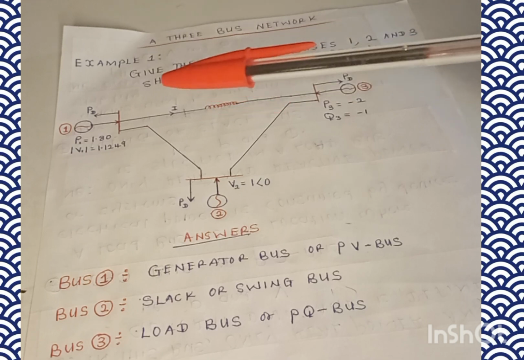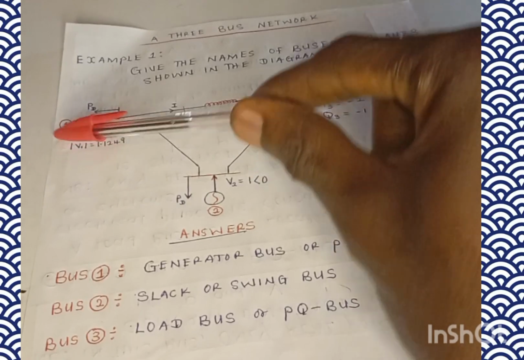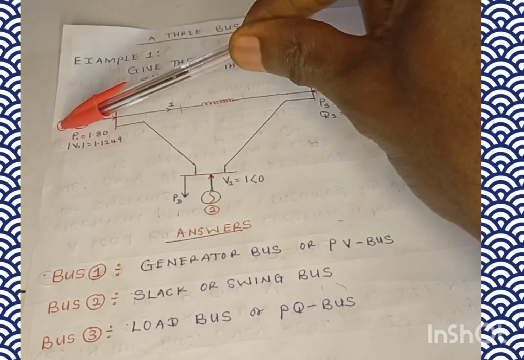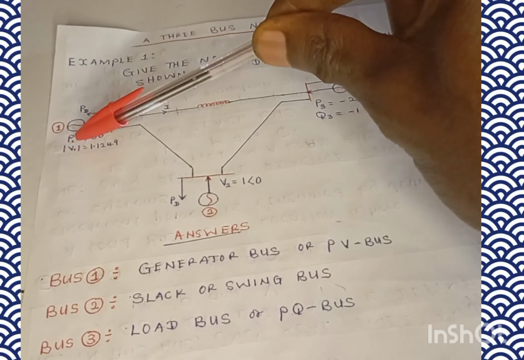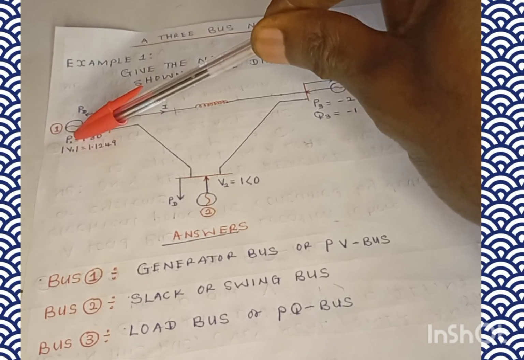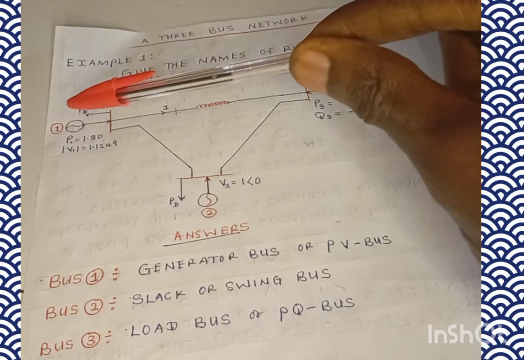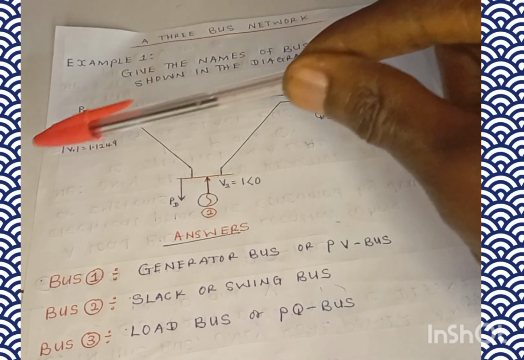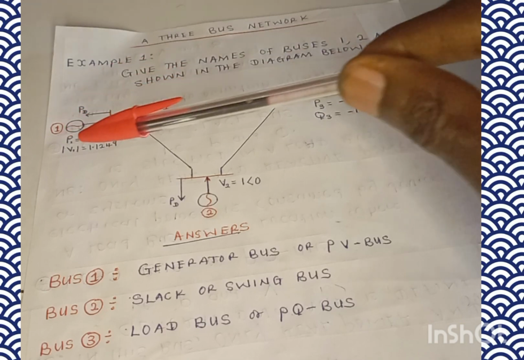So now watch. If we focus on bus 1, you find out that we have the voltage V1 and then we have the real power. For us to have the real power and the voltage, it's going to be a generator bus or PV bus.